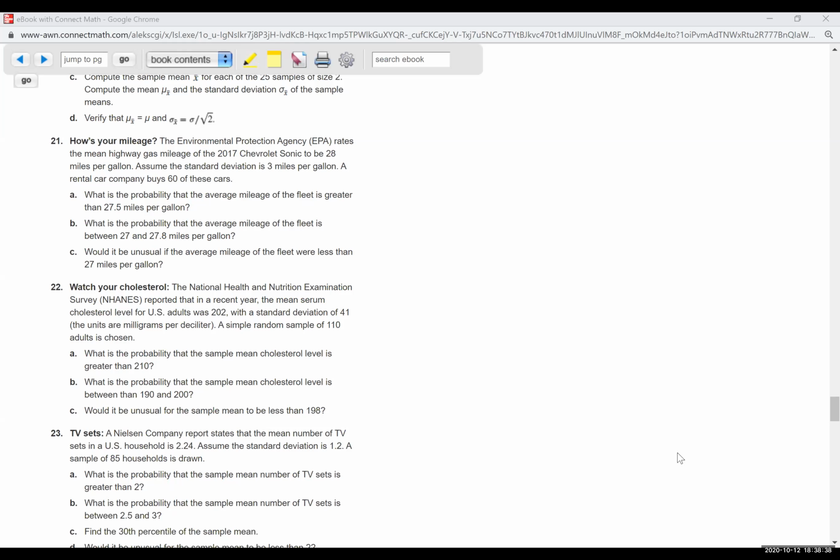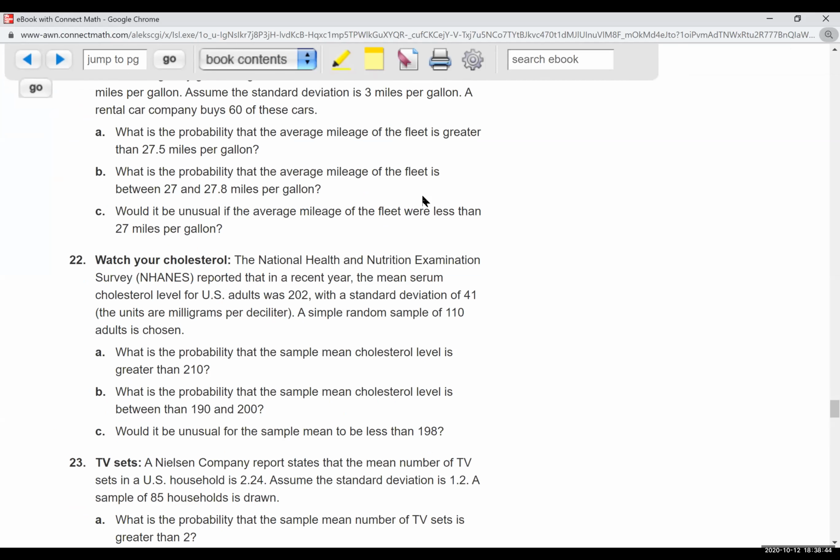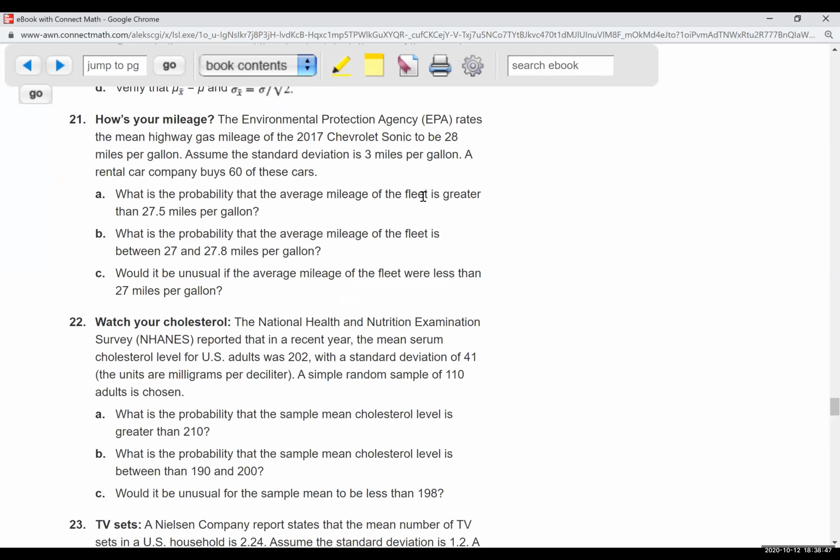All right, number 21. Okay, how's your mileage? The mean highway gas mileage of the 2017 Chevrolet Sonic is 28 miles per gallon, and assume the standard deviation is 3 miles per gallon.